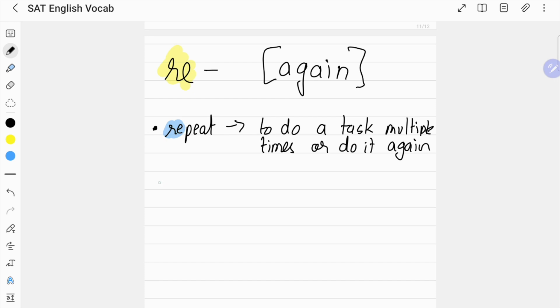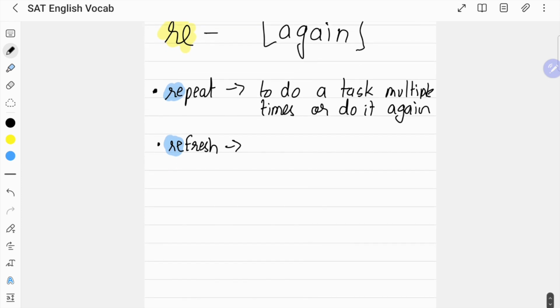Maybe you can use the word refresh. So if you watch this video on a browser and it's lagging, you refresh the page. So to open a page again. We'll take it in this context of a web page. To open a web page again.